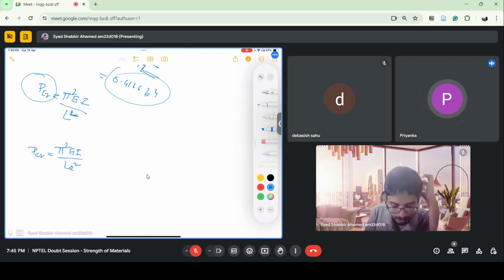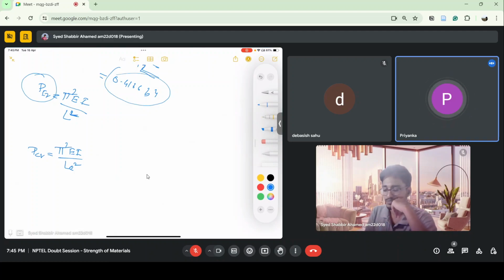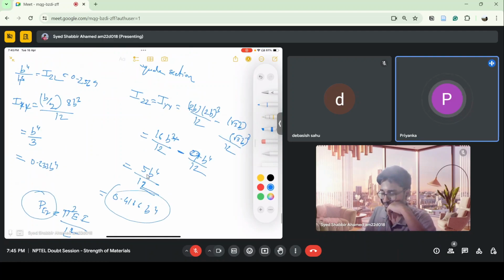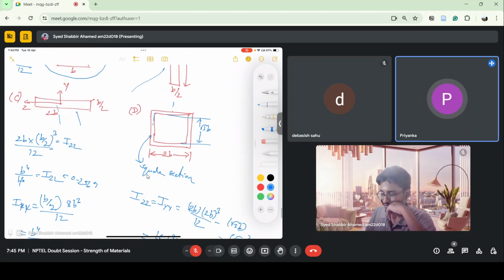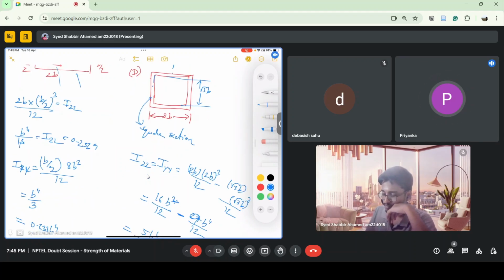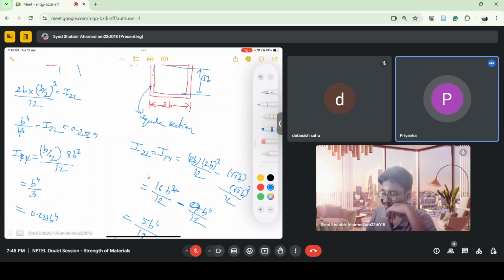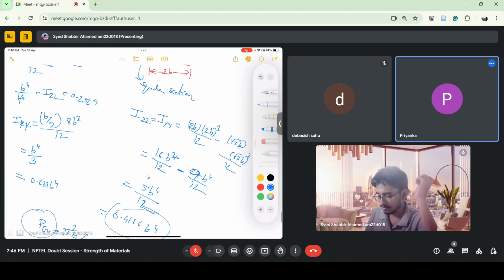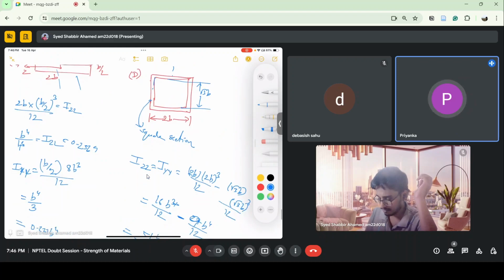Sir, like in the previous third one which you did, we got Izz and Iyy different, no, sir? B and D. So if I get less for Iyy, it means it is buckling in Z direction.